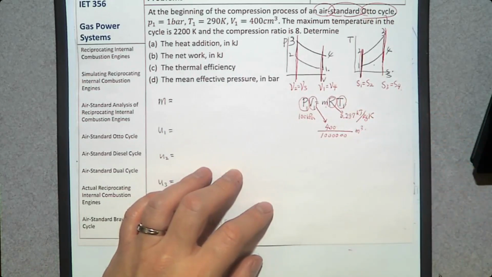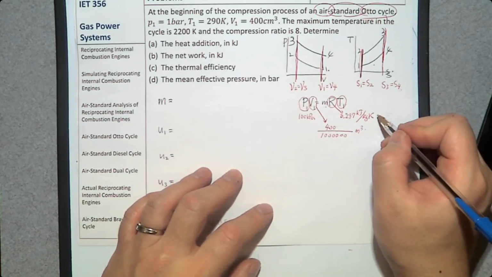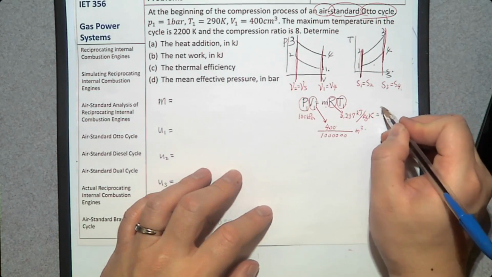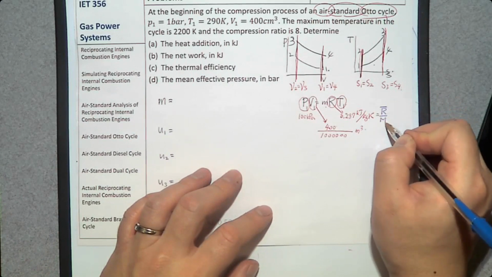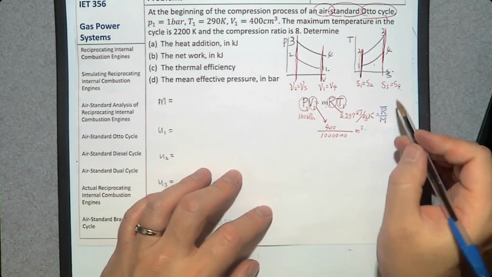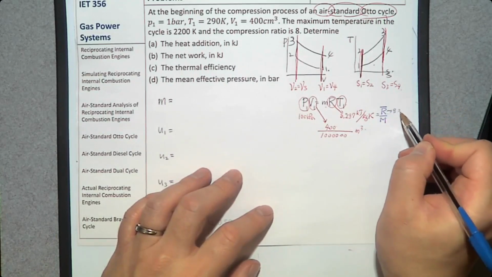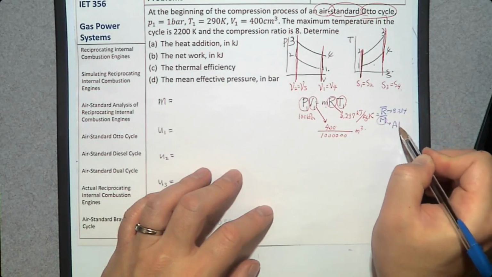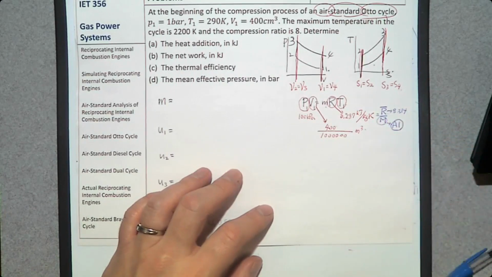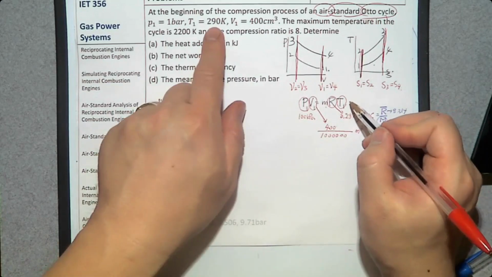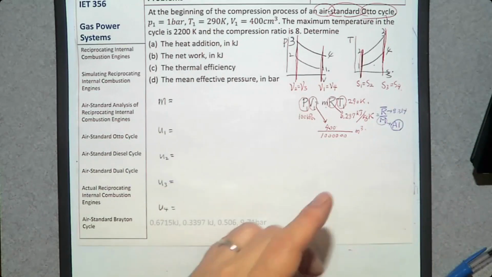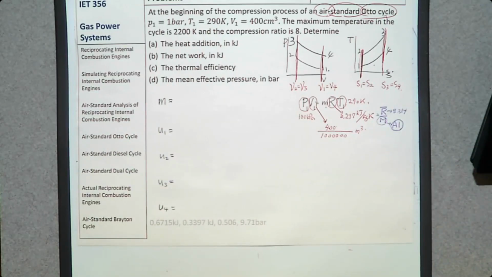Or you can calculate this gas constant from universal gas constant R bar over molecular weight. By the way, R bar is always 8.314. Molecular weight can be found from table A1, just for your information. Temperature T is 290 Kelvin. Now we have everything. Can you determine the mass? Yes, we can.